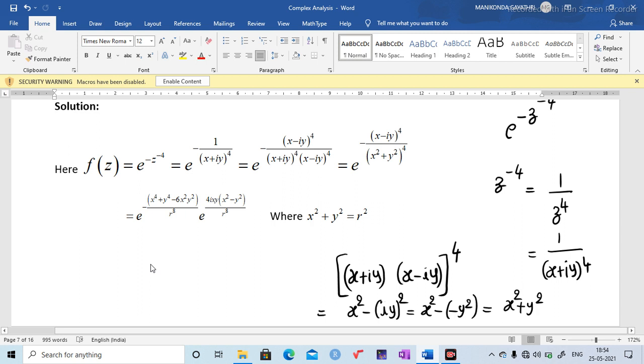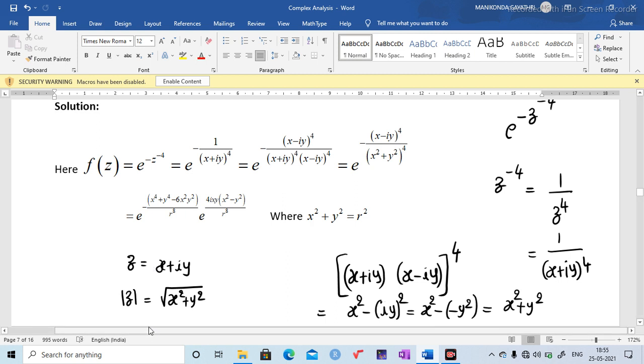So next observe here, I am writing x square plus y square equal to r square. Actually, observe z equal to x plus iy. So modulus of z equal to root of x square plus y square.